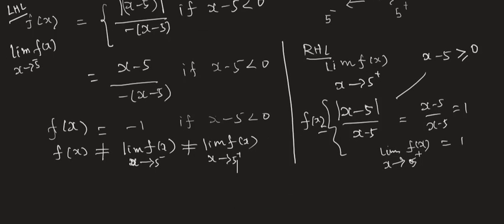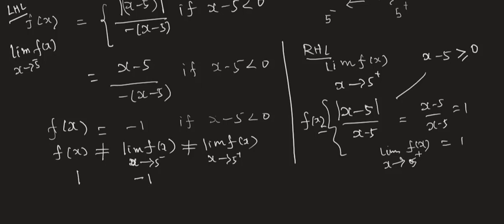Because in this case f of x is minus 1, whereas this is plus 1, or you can simply put 1.